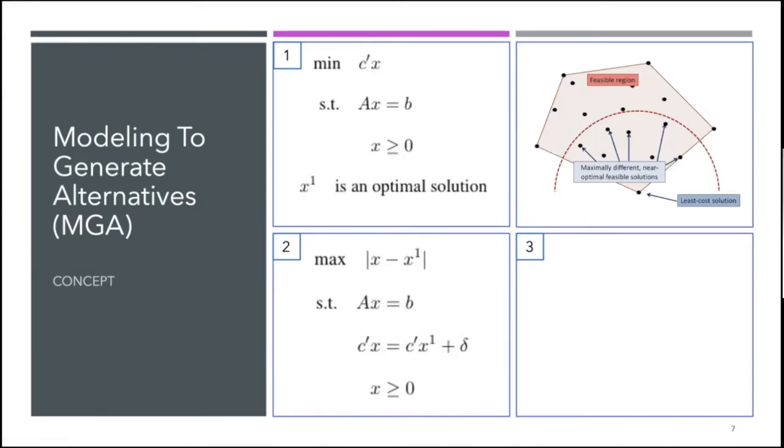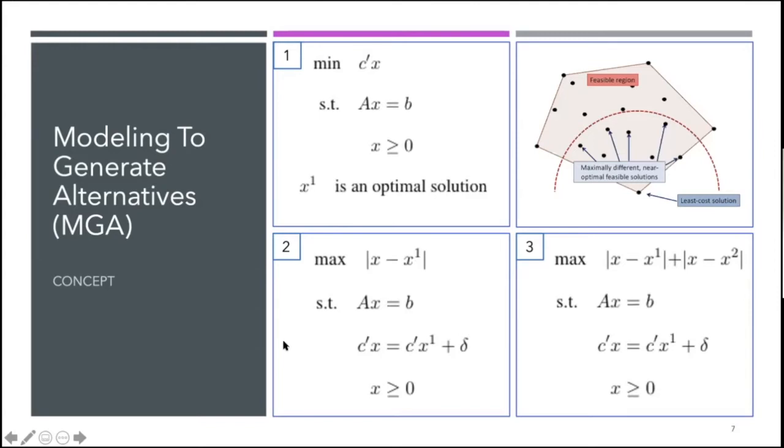Now to find the second solution that is maximally different from both of these solutions, we reformulate the objective function so that we now maximize the distance from the original solution and from x2, given that x2 is a solution of this problem, right? So the constraints remain the same in each iteration, but the objective function keeps evolving. So that is it. This is MGA, right?